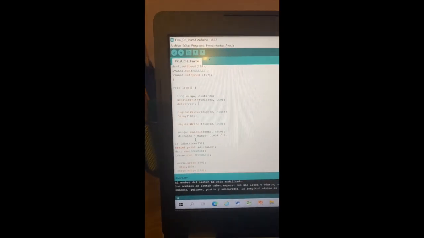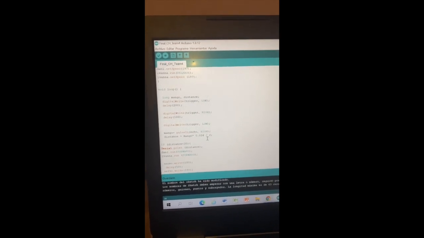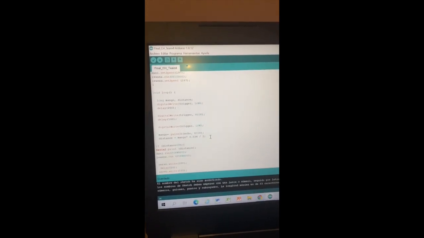And for calculating the distance, now we are saying that distance, this one right here, is gonna equal mango times 0.034 divided by 2. This is the speed of the sound wave.